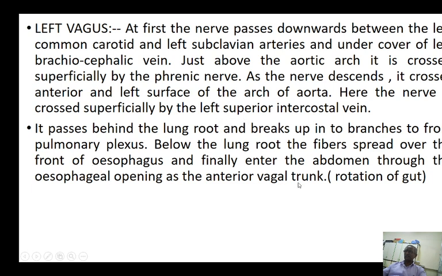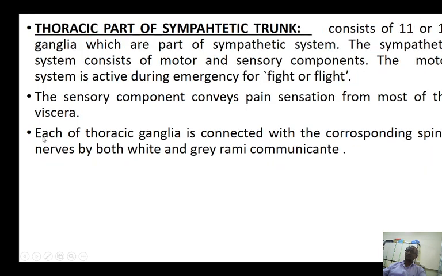It passes behind the lung root and breaks up into branches to form the pulmonary plexus. Below the lung root, the fibers spread over the front of the esophagus and finally enter the abdomen through the esophageal opening as the anterior vagal trunk. So the left vagus has become the anterior vagal trunk. This is because of the rotation of the esophagus the other way.